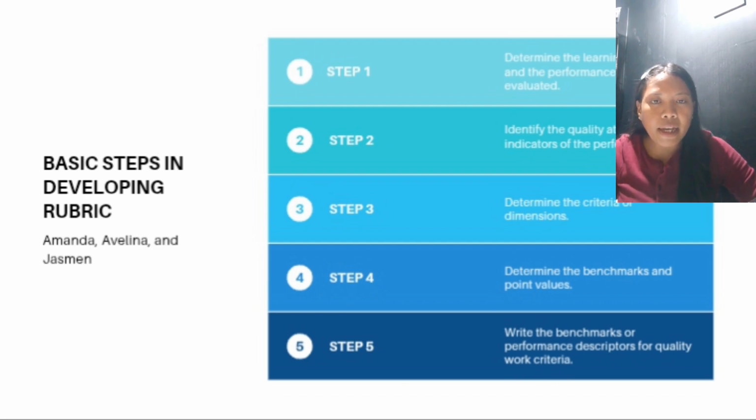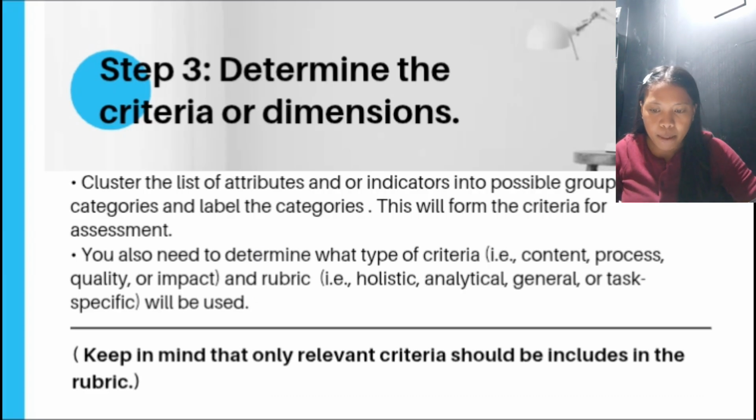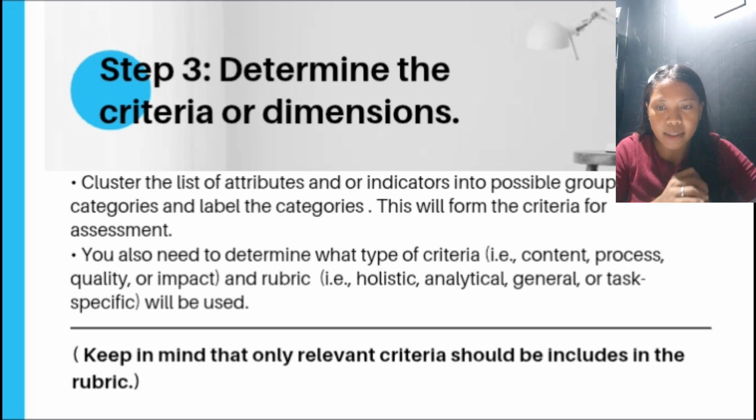So the third step is you are going to determine the criteria or dimensions. You are going to cluster the list of attributes and/or indicators into possible groups or categories and label the categories. And this will form the criteria for assessment.